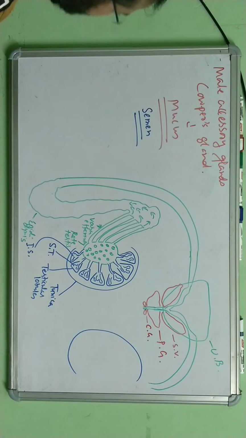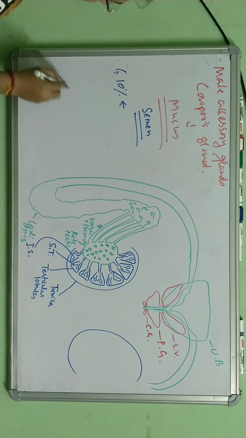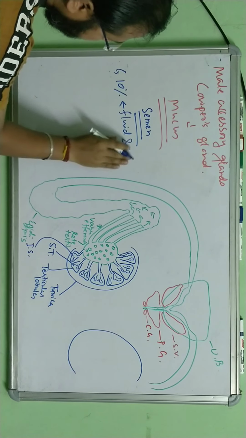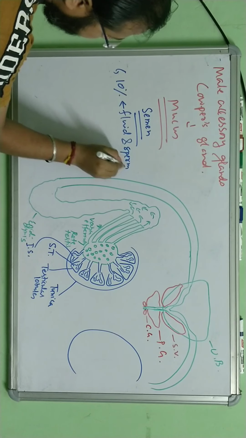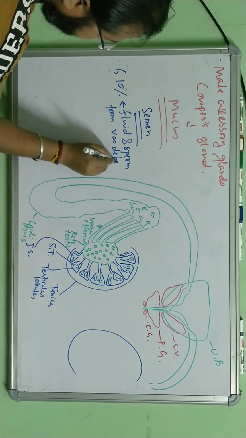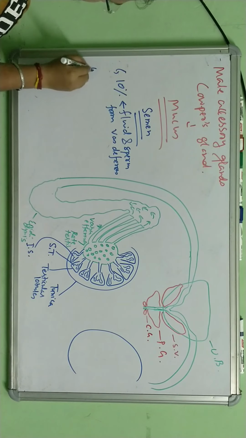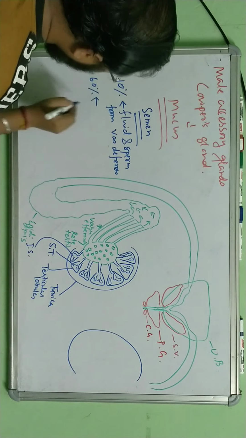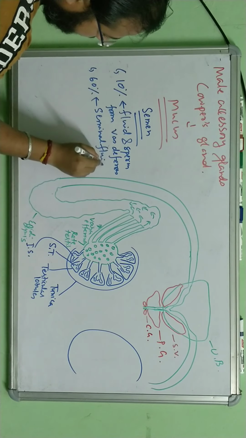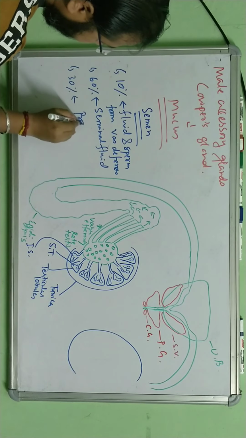If I look into the composition of semen, 10% contribution comes from the sperm from vas deferens. 60% contribution comes from the seminal fluid. 30% contribution comes from the prostate gland.